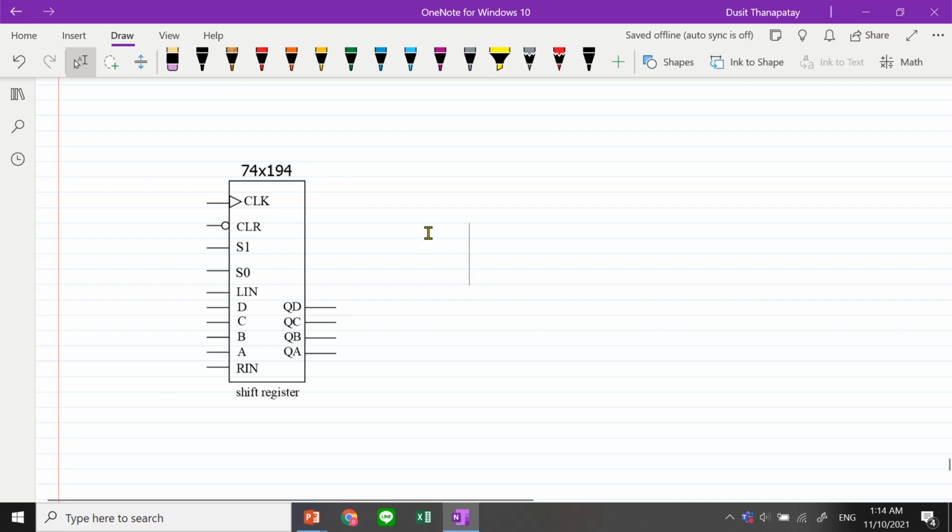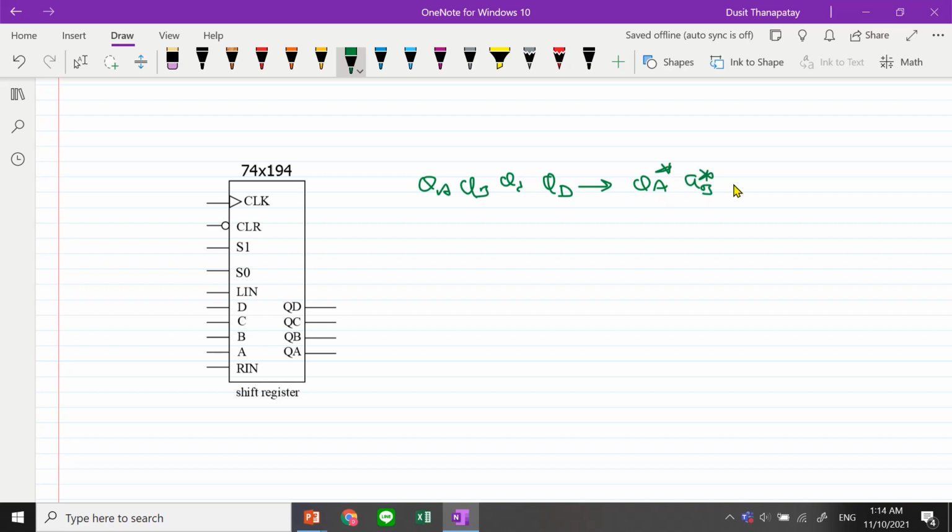So in general, let me show you some design. At first, write down QA, QB, QC, QD. When the clock ticks, they change to QA star, QB star, QC star, and QD star. The initial state is what? 0, 0, 0, 1, right?